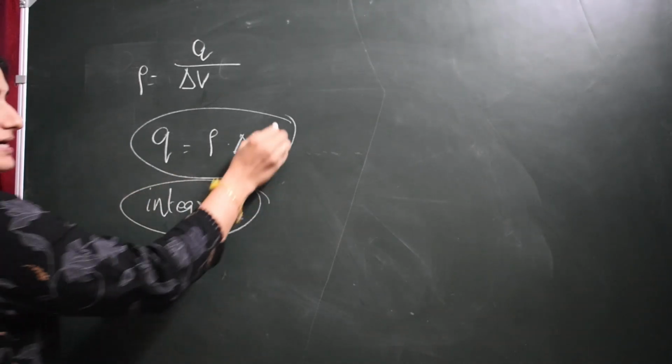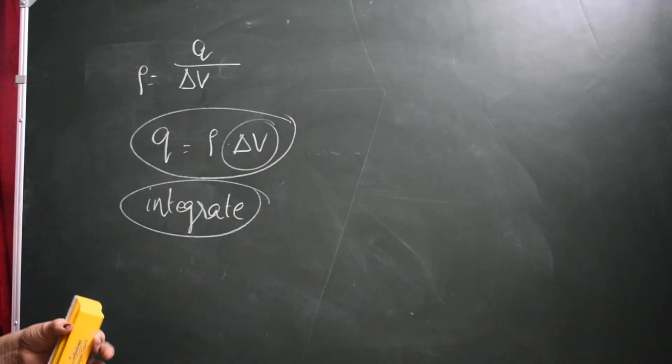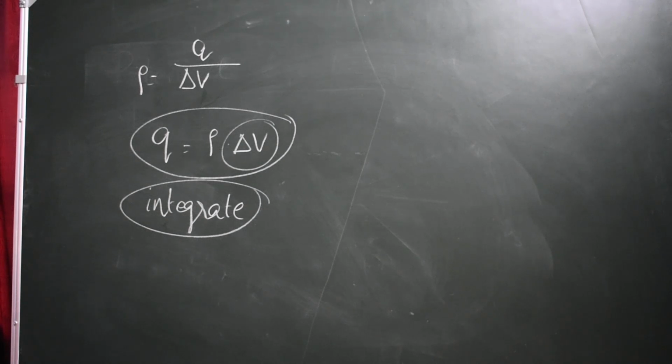So integrate it, saying that delta V tends to 0, then we get the potential of that particular system as a whole. This is how we calculate the different charge densities, then consider the total volume and then find the potential.